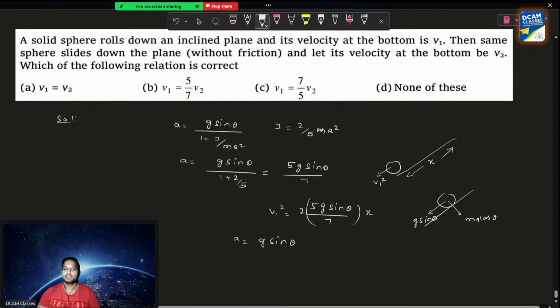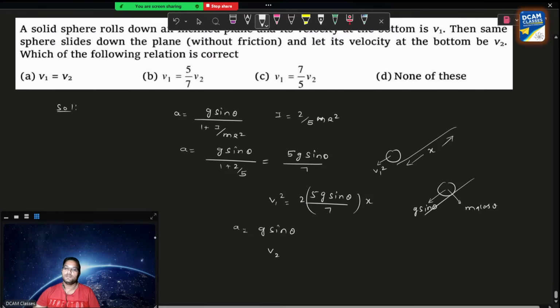So in this case, what will be v2? v2 square is equal to 2 into g sine theta into x. So v1 square by v2 square is equal to 5 by 7. None of these I'm getting.